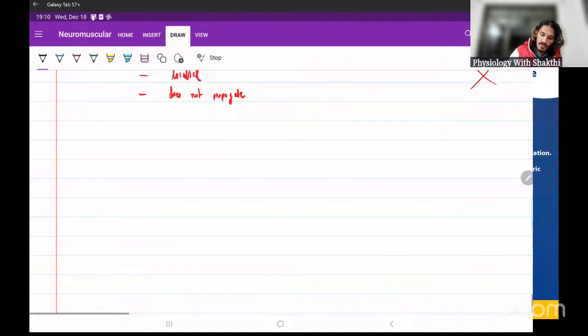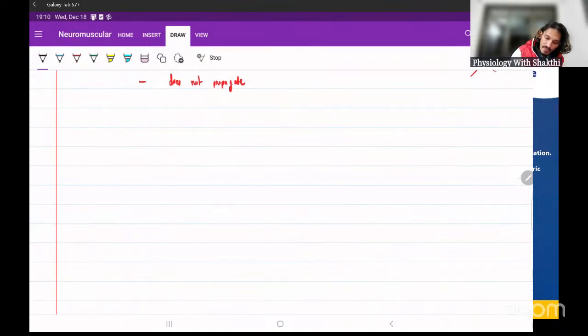So if you have to draw and label an action potential, first you have to start off when you're giving a stimulus. At some point you're going to give a stimulus. After that, there is a small latent period. After the latent period, what is going to happen? Say this is at minus 70 millivolt. From minus 70 millivolt, it will go up. Say, for example, it reaches minus 45 millivolt.